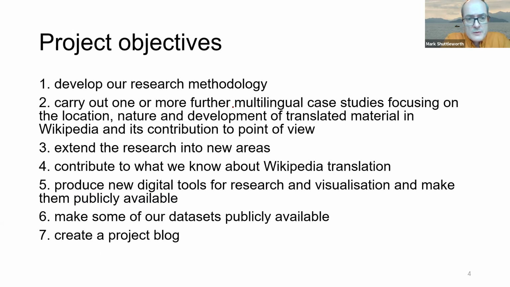So we're aiming to develop that research methodology, and also to carry out one or more additional multilingual case studies. I have previously performed a couple of these, but maybe supplement those with one or two more. And in particular, to look at the location, nature, and development of translated material in Wikipedia.